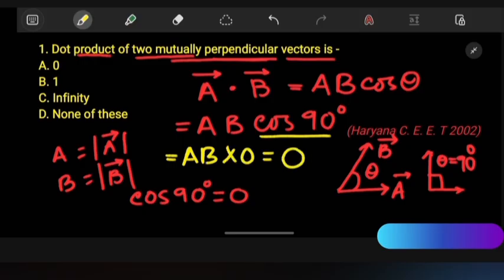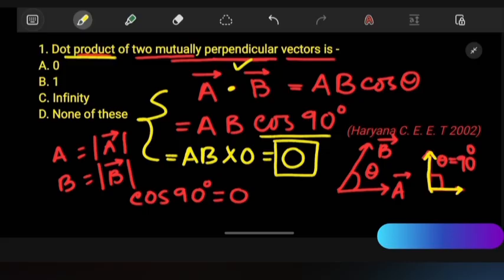So when two vectors are perpendicular to each other, their dot product is always 0. Just keep this in mind. Do not do so much calculation. We will simply remember, it's a very basic point, that when two vectors are mutually perpendicular, their dot product is 0.